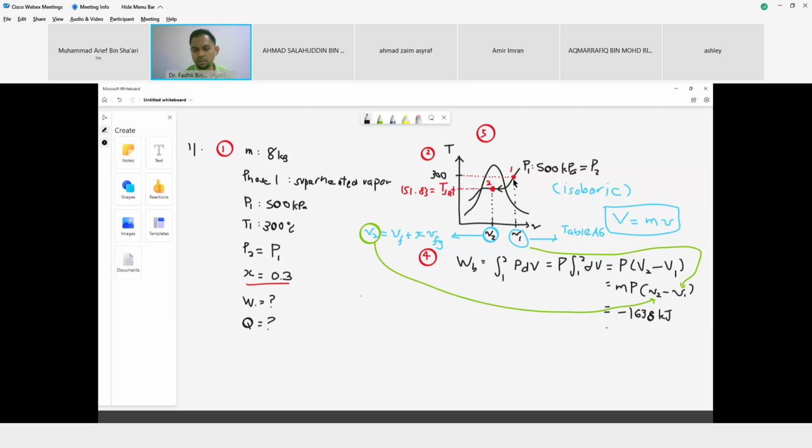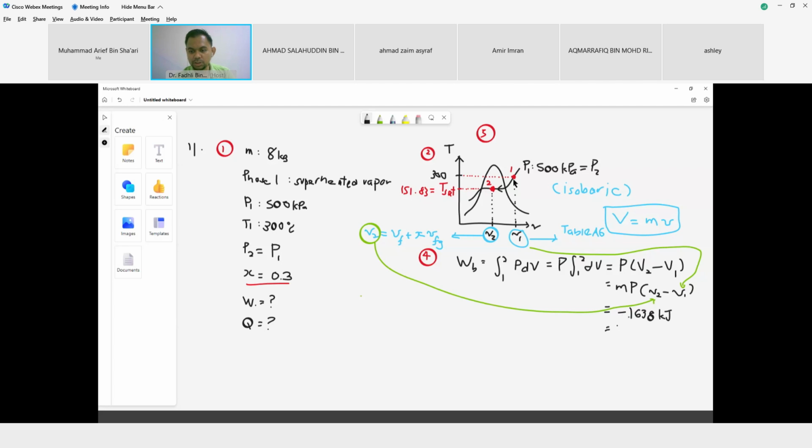Last week, during the lecture session, we learned about the positive and negative symbols for work and heat. For the case of work, if the value is negative, that means work done on the system, so W in.